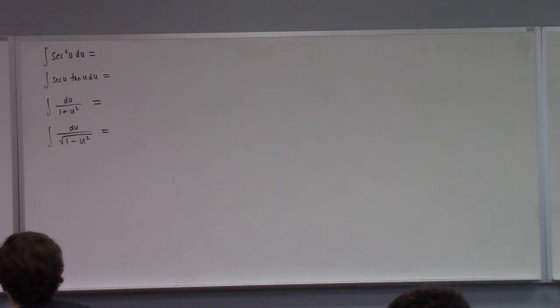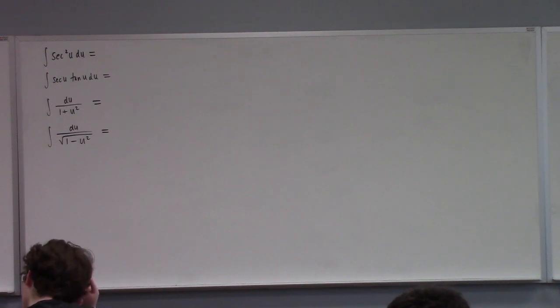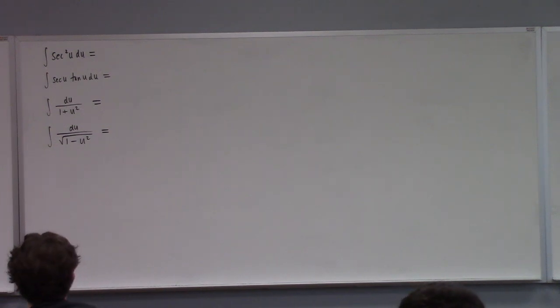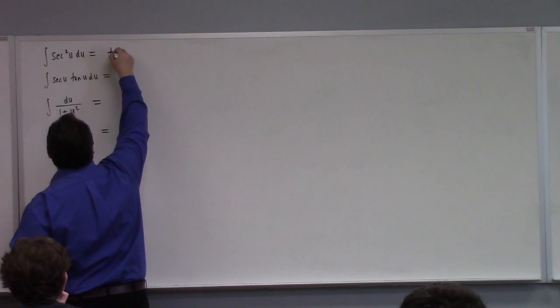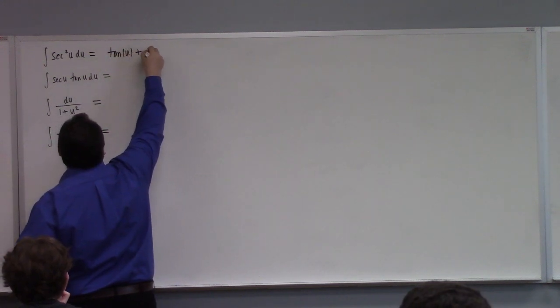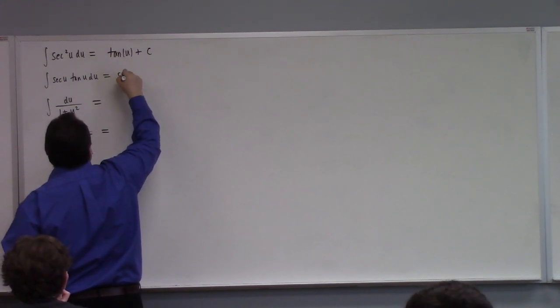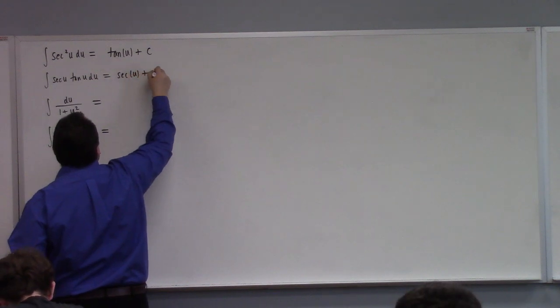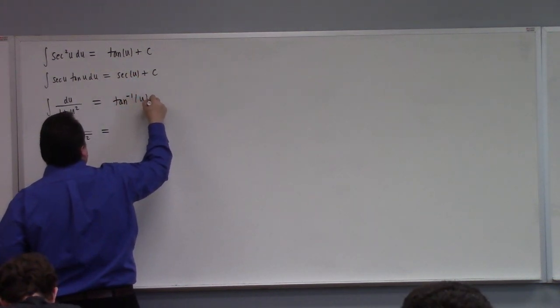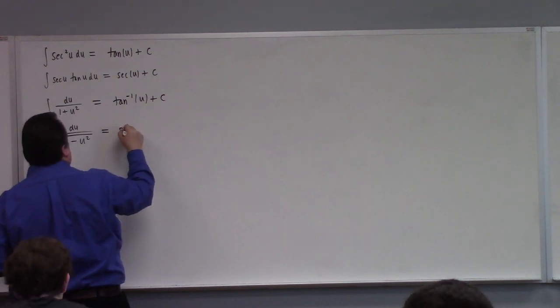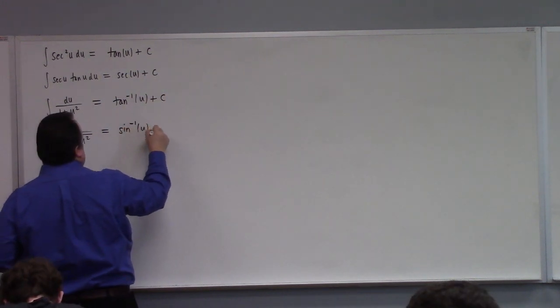We're all at that point to start with, this confusion between the two processes, but you need to find yourself some benchmarks so that you don't make that mistake. So the integral of secant squared is tangent, because the derivative of tangent is secant squared. This is secant u plus a constant. This here is inverse tangent of u plus a constant. This one is inverse sine of u plus a constant.